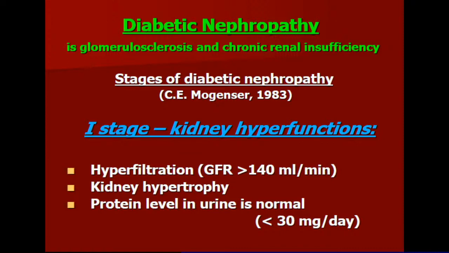First stage: kidney hyperfunction, hyperfiltration, glomerular filtration rate more than 140 ml per minute. Kidney hypertrophy, and protein level in urine is normal, less than 30 mg per day.